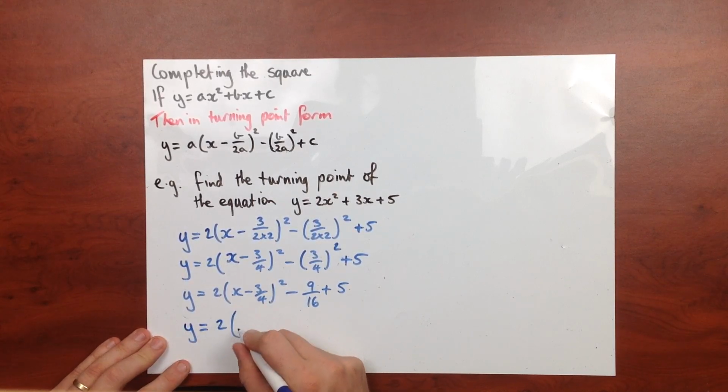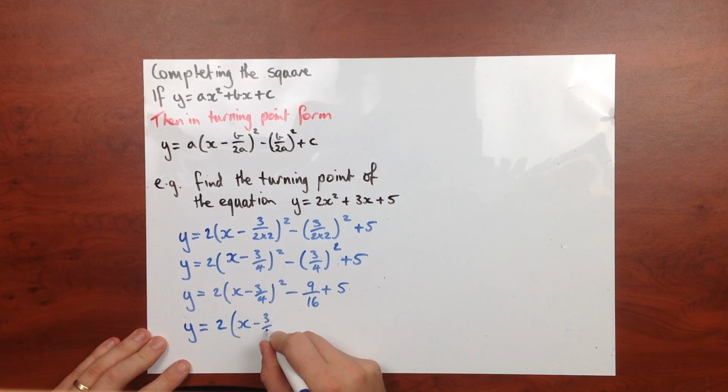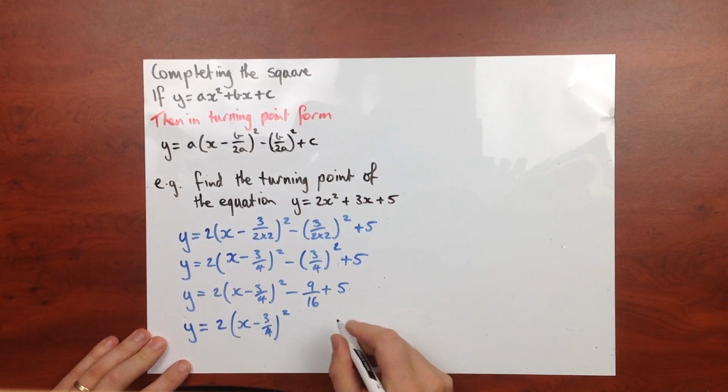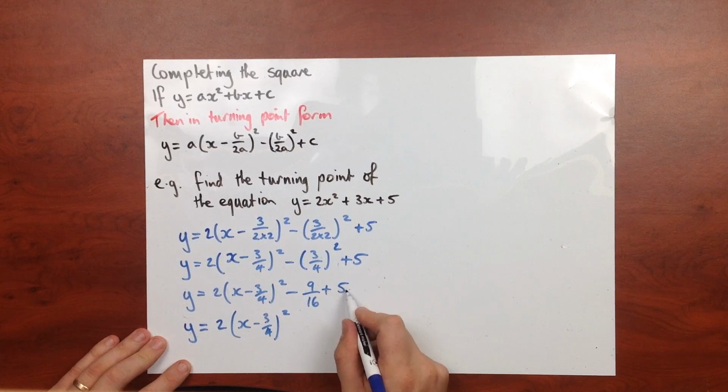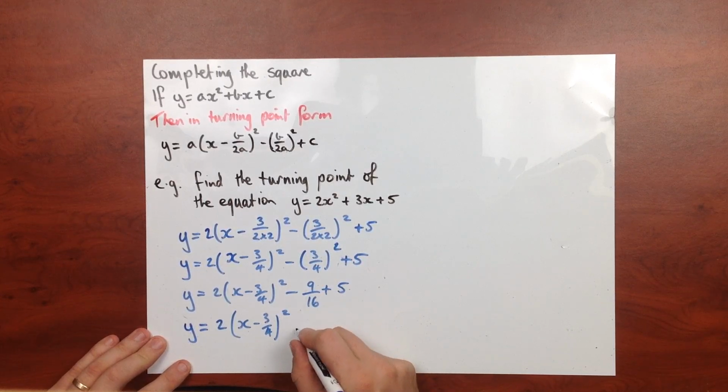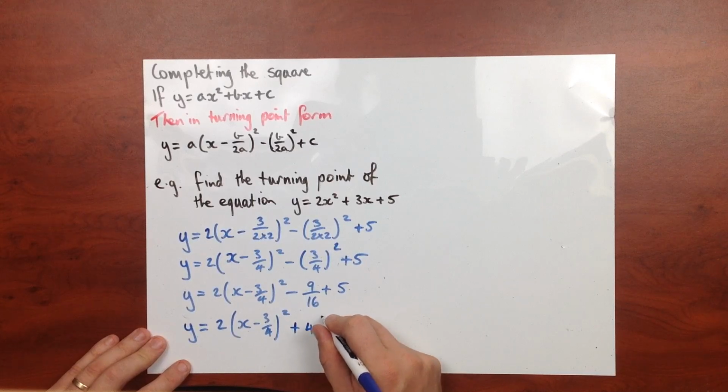So y is going to be 2 outside of x minus 3 on 4, squared. We really think of this as 5 minus 9 on 16, which will give us 4 and 7 on 16.